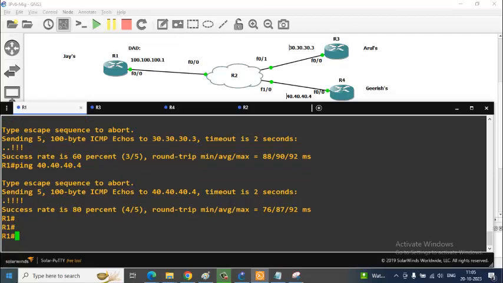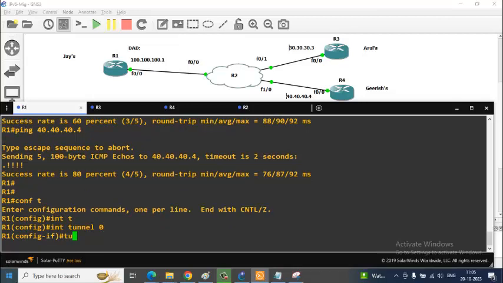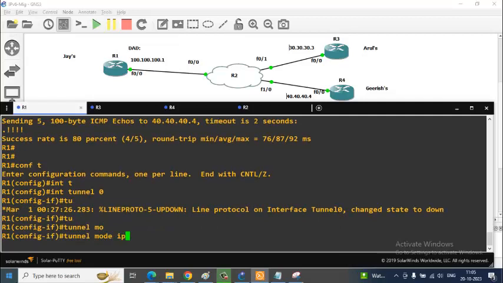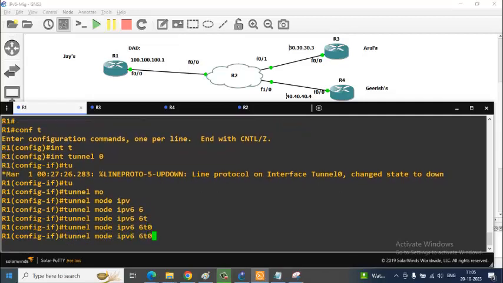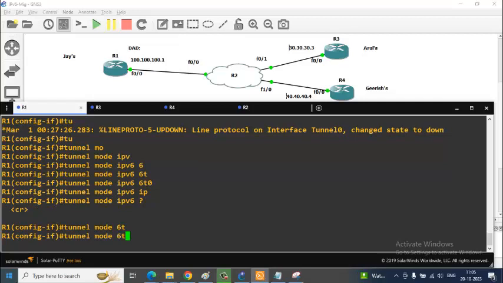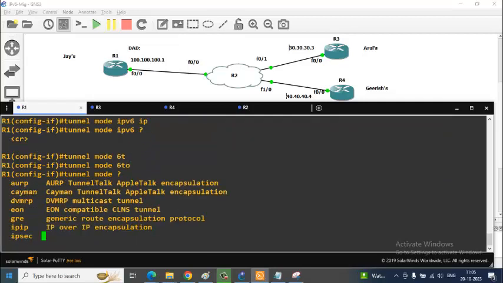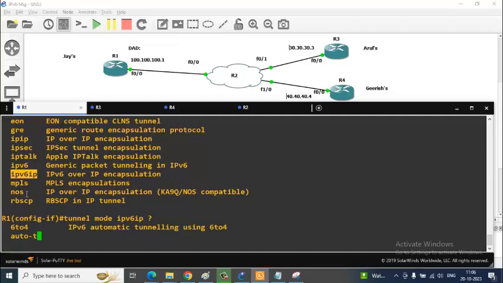Let's do it. Interface tunnel 0. Tunnel mode is ipv6ip 6to4.